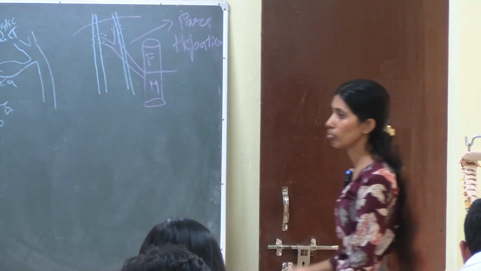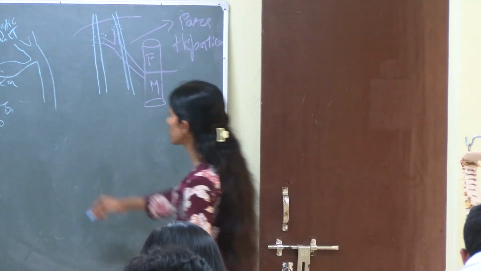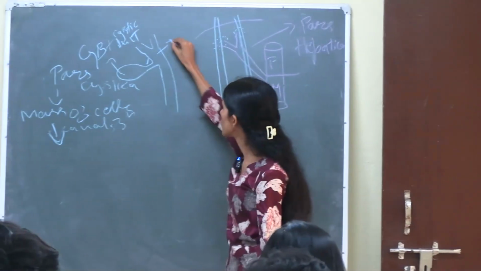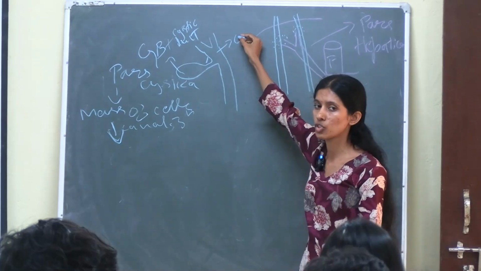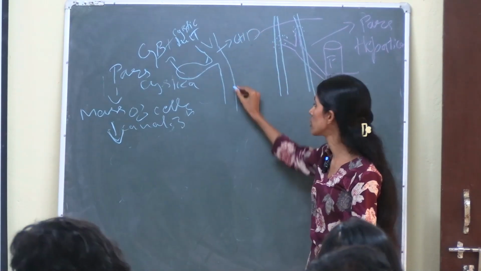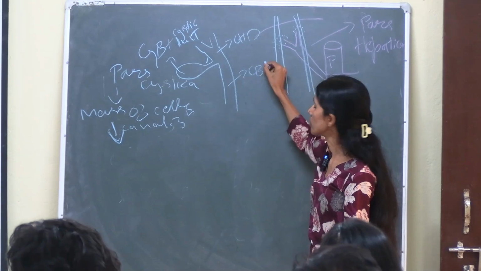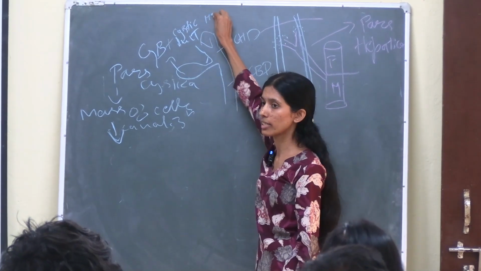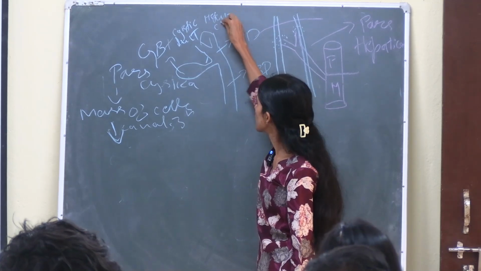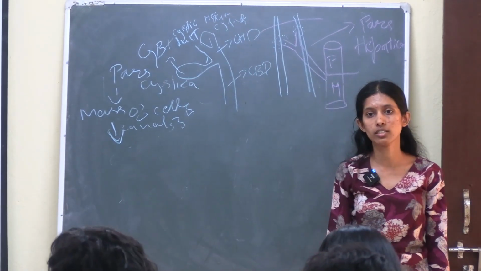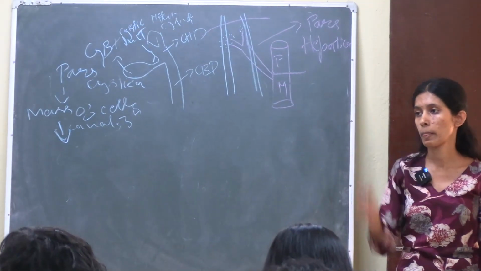So during the development, we have 4 different ducts here. This is the cystic duct and this will give rise to the common, which duct? Common hepatic duct, and this will give rise to the common bile duct. And these are also ducts only, these are hepatic cylinders. Those are nothing but ducts that are present within the liver.